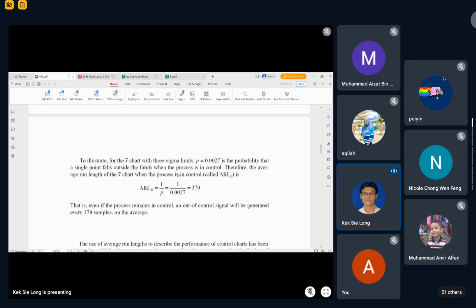Now I believe that you can do the calculation. Of course, the condition is we should know the formula, or the equation. I suggest that you press your calculator right now to feel how to calculate ARL naught, and then we get 370.